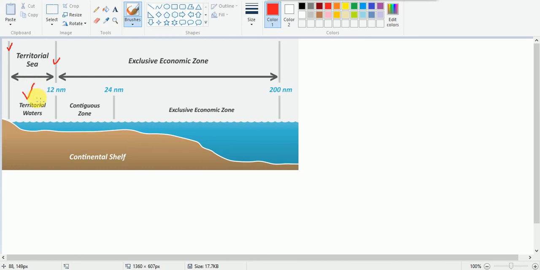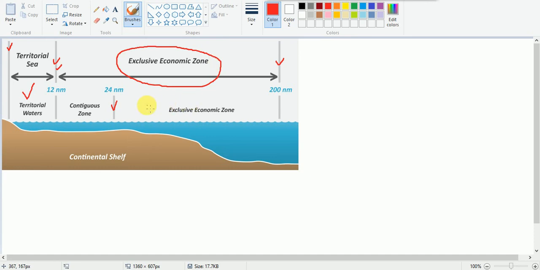Then from the boundary of territorial waters up to 24 nautical miles, we call it the contiguous zone. And from the boundary of the territorial sea up to 200 nautical miles, we call it the exclusive economic zone.